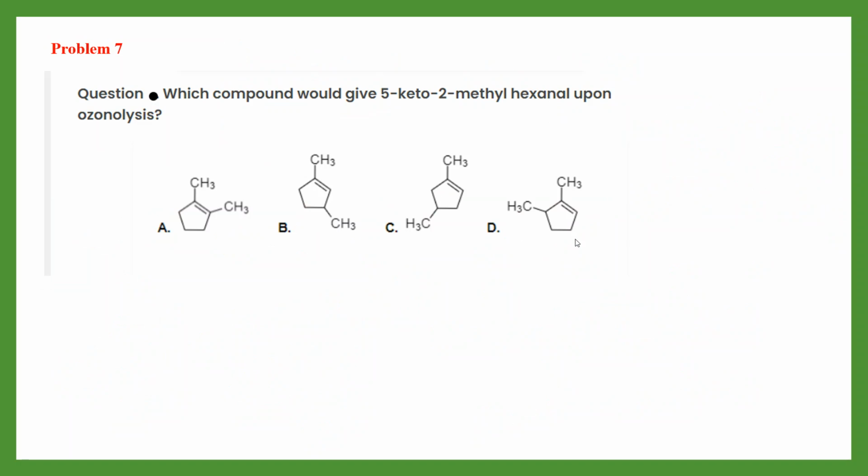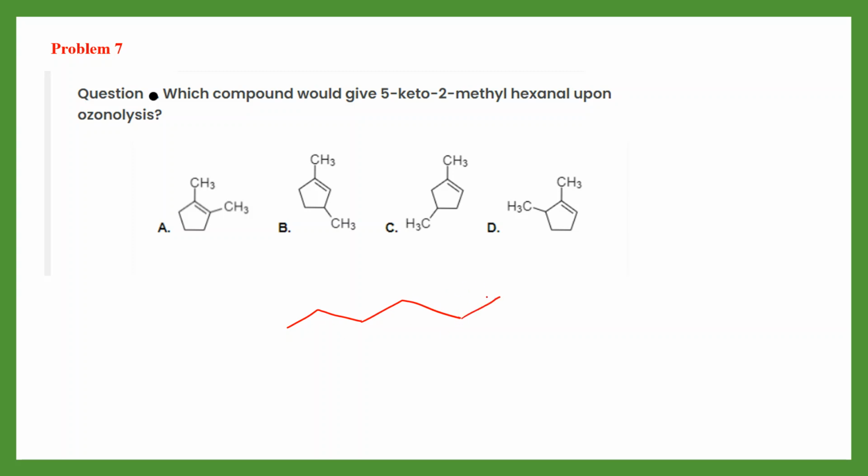So problem 7 is based on ozonolysis. Which compound would give me 5-keto-2-methylhexanal upon ozonolysis? Let's first draw this 5-keto-2-methylhexanal. Just draw a 6-member chain, 1, 2, 3, 4.